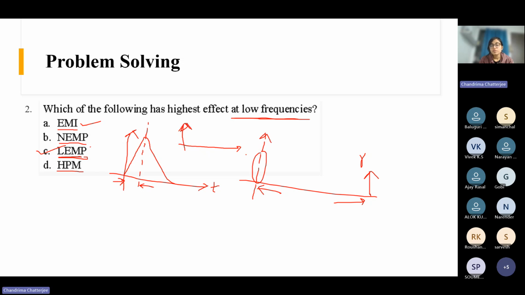See, the frequency spectrum means that whatever pulse this is, one pulse would have multiple frequency components, right? One waveform will have them, so we will have to analyze what the frequency components are.